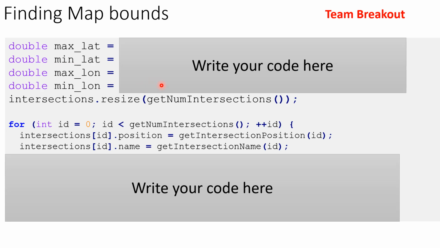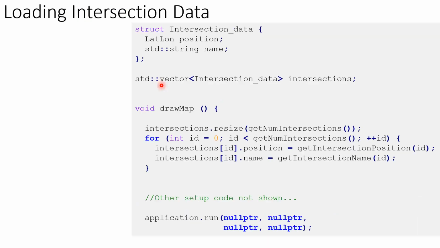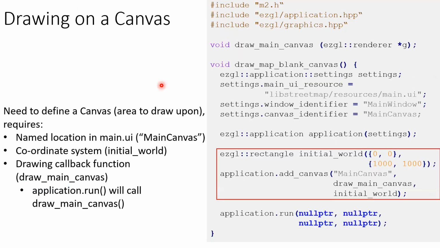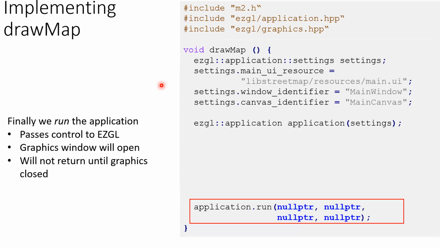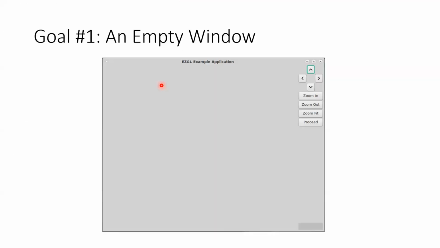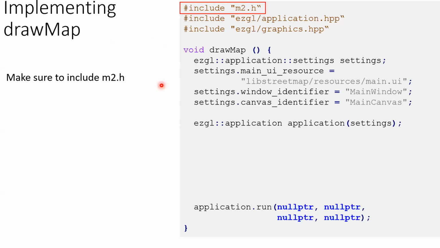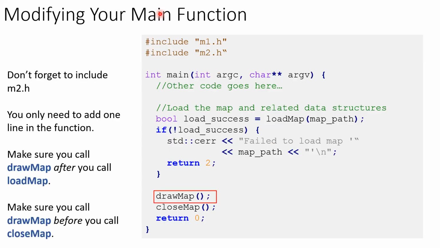Yeah. Let me repeat the things before to you because it's a bit complicated. We are just following the steps. So for M2, the first thing is to modify main by including the m2.h. You have the functions you need in there, and put in draw map in between the load map and close map.